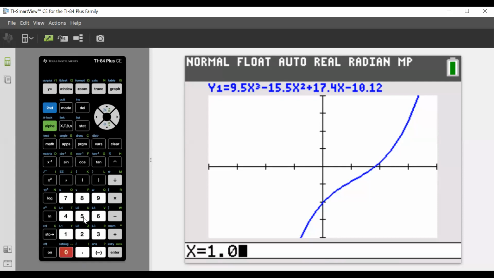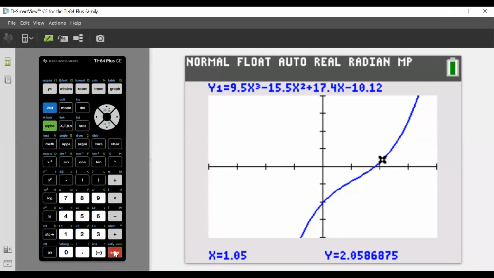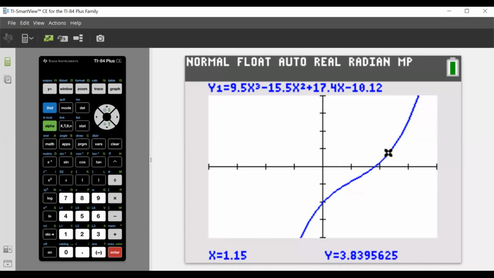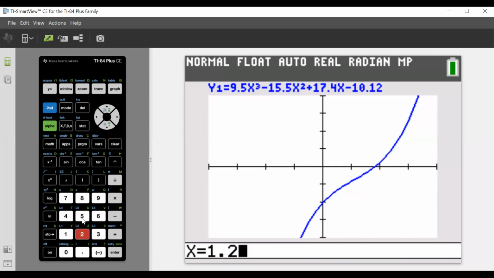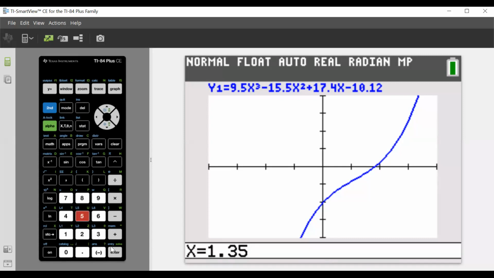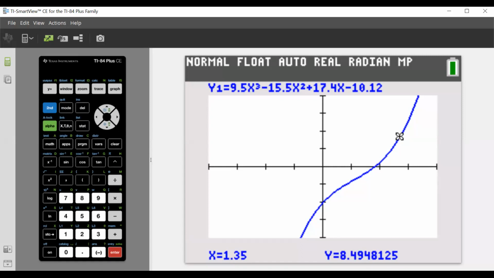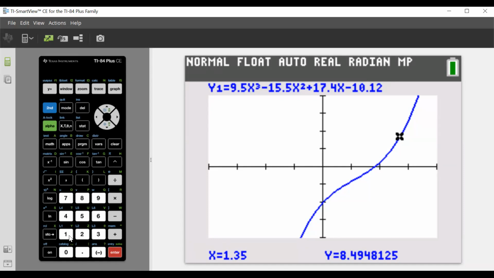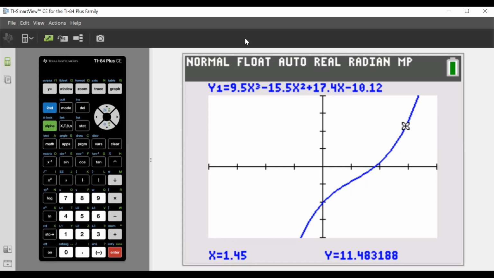Then we went to 1.05: 2.0587, okay, 1.15: 3.8396, and then 1.25: 5.9659, and 1.35: 8.4948, okay, get that right, and 1.45: 11.4832. All right, so now we've got all those, so let's go write them in.